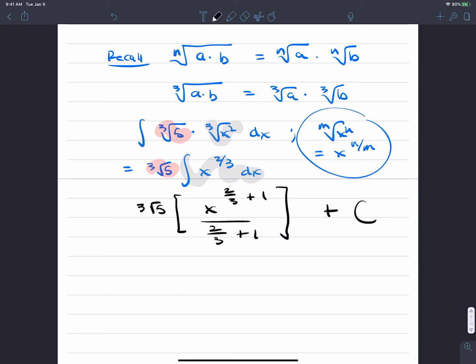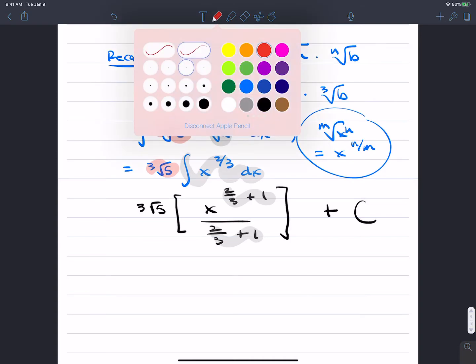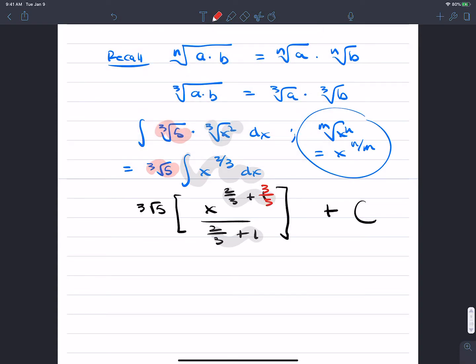So we have some arithmetic, right? We're going to have to add these powers here. And what's 2/3 plus 3/3, because 1 is really 3/3, right? Yeah, you're going to have 3 square root of 5 x to the what power? Oops, x to the 5/3, over 5/3 plus c.